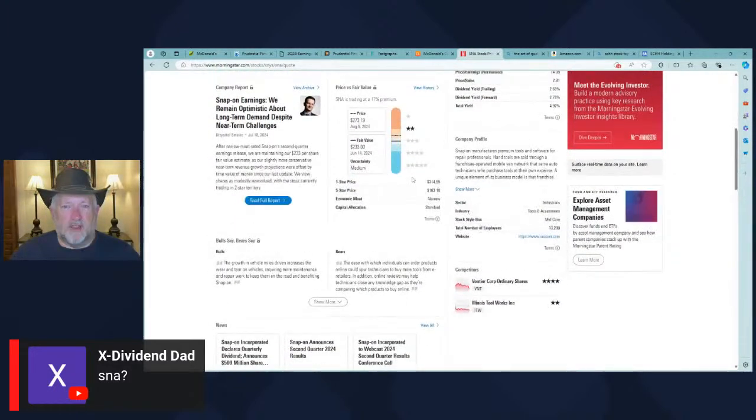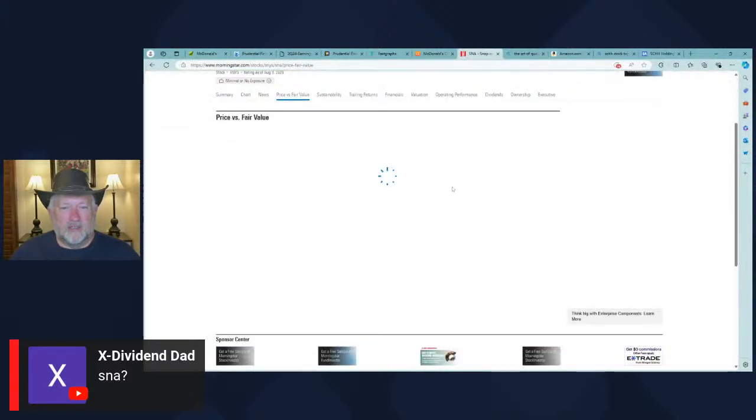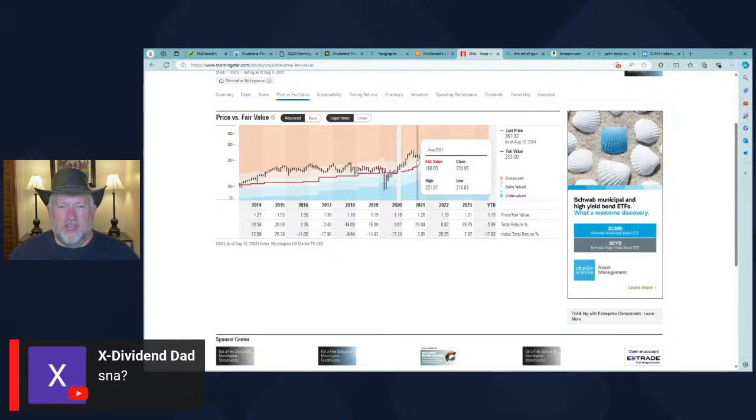What's interesting about that, though, is this chart, a price to fair value. I looked to buy SNA back in this time frame, and they were just really high priced. As a matter of fact, they're still pretty consistent with where they've been.